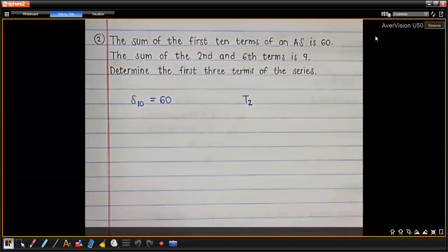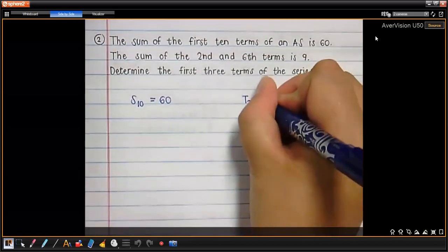Term 2 plus term 6 equals... How do we find the sum of two things?